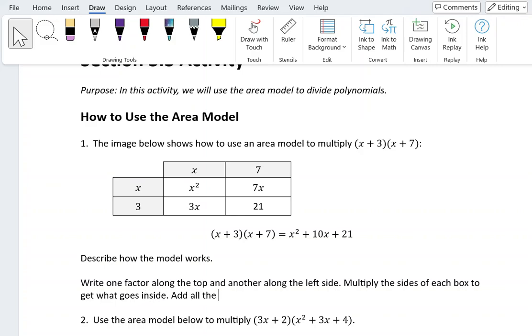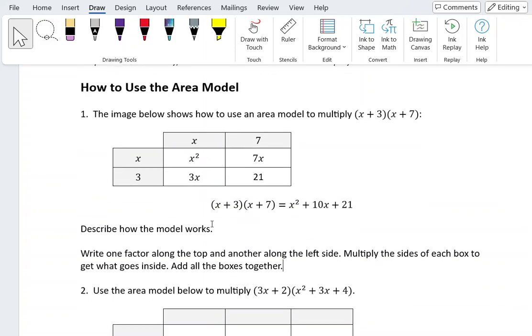Add all the boxes together. So you might have learned something similar to this as an alternative to using FOIL. If not, it can be a helpful alternative, especially when you are multiplying larger things, to help you keep track of everything and make sure that everything gets multiplied.